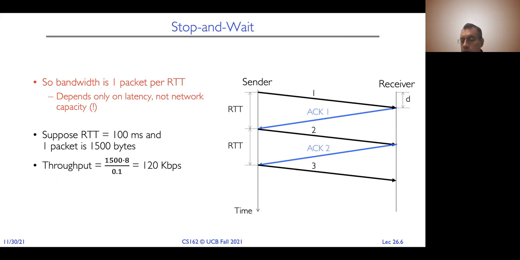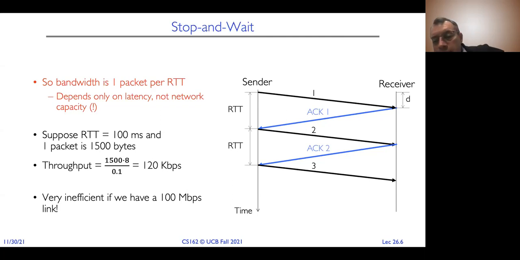So if you have a round trip time of 100 milliseconds, so the one-way latency is 50 milliseconds, and the packet has 1,500 bytes, what is the throughput in terms of bits per second? It's very simple, right? You can send one packet, meaning 1,500 times 8 bits, in 0.1 seconds. So it's 120 kilobits per second.